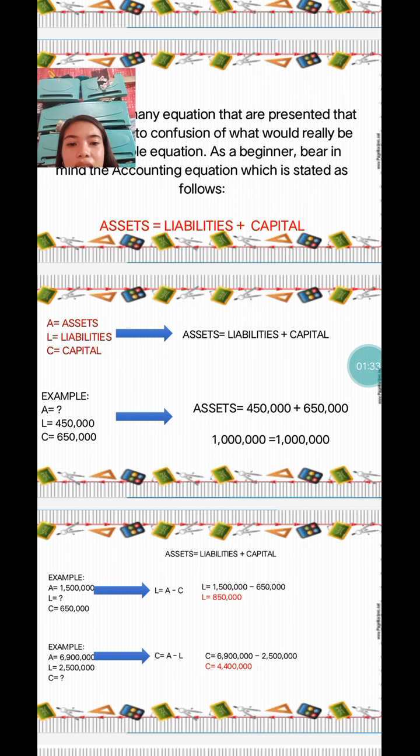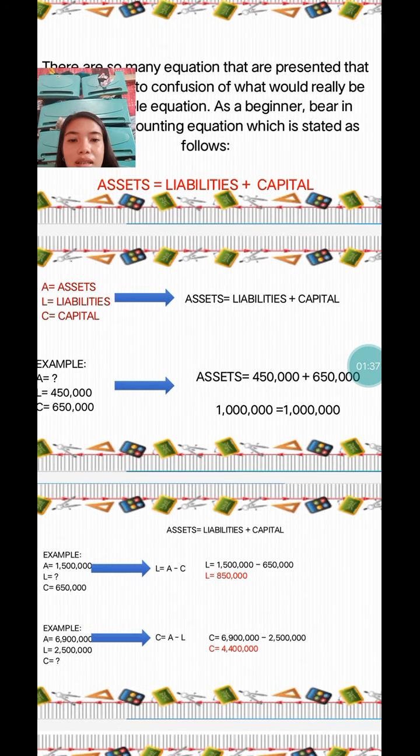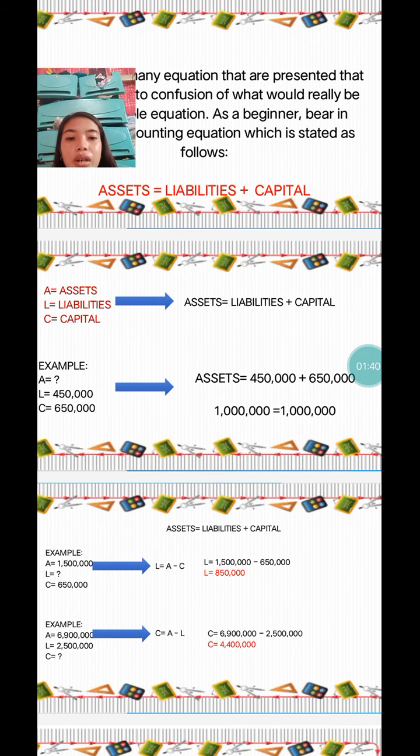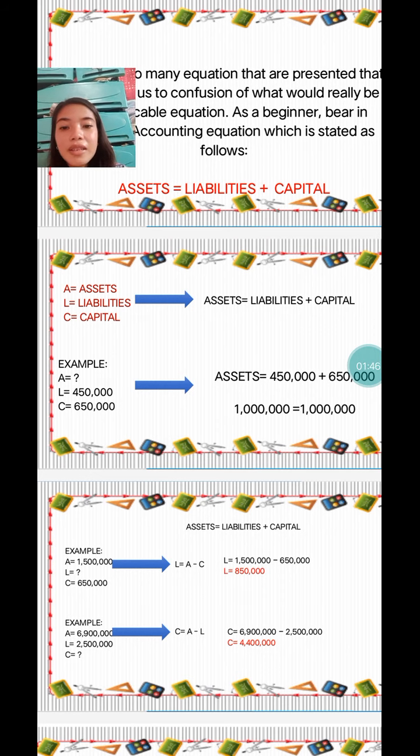Assets, we need to find the assets here. So assets is equal to liabilities plus capital. Here's the example. We need to find the assets. The following numbers are already given. The liabilities here is 450,000. That is the liabilities that is already given. The capital is 650,000. That is also given.